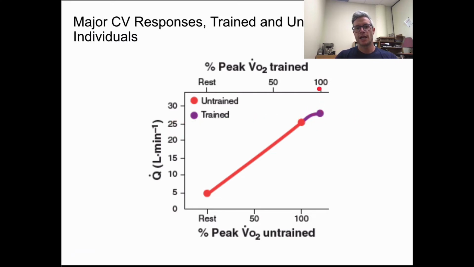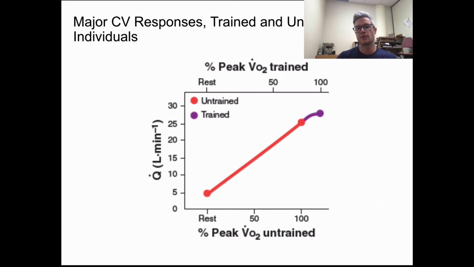And again, that reflects that the untrained individual's VO2 ends here, and the trained individual goes a bit farther. So the absolute number of cardiac output that can be achieved by a trained individual is greater than an untrained individual.